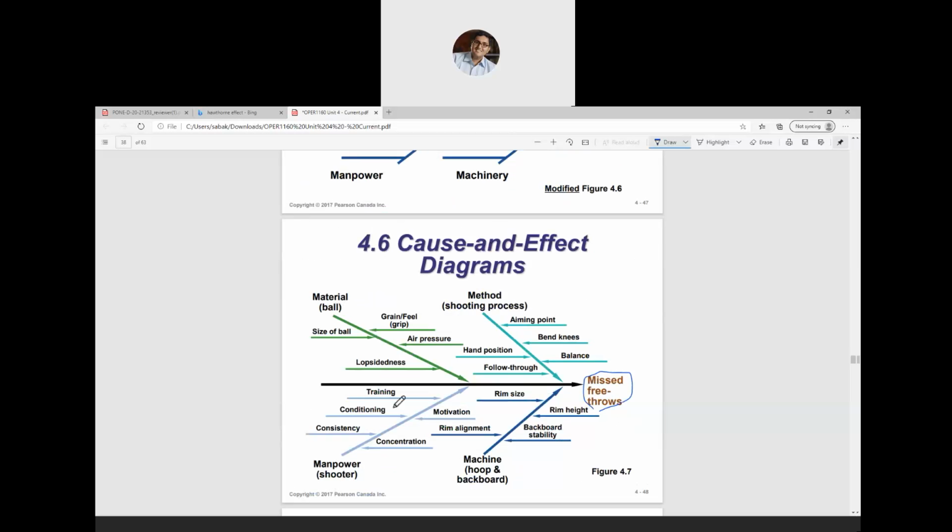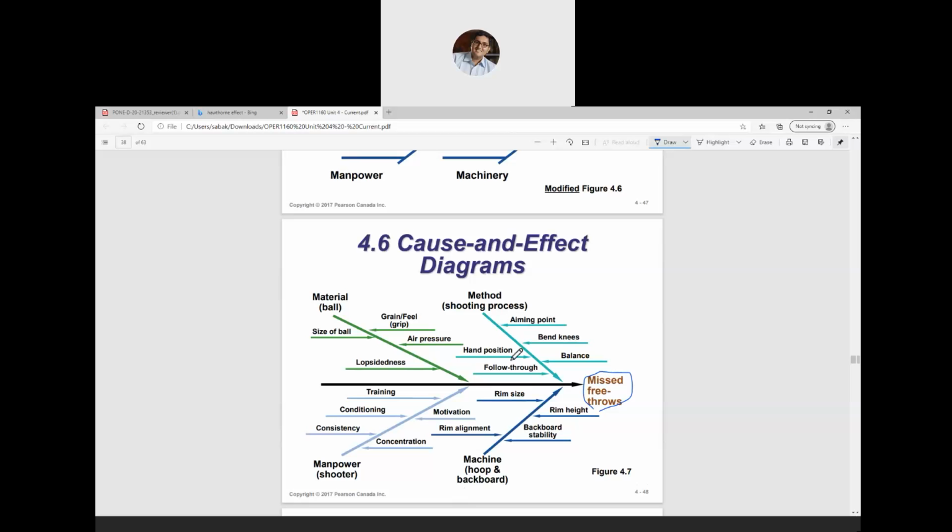So we say the person doesn't have the necessary training, or doesn't have the motivation to do it, or lacks concentration. The machine in that case could refer to the means with which you are trying to aim. So you analyze whether the rim is properly aligned, or whether there is an issue with the rim size. Method is the shooting process in itself.